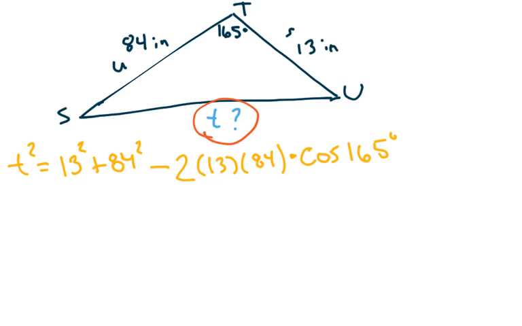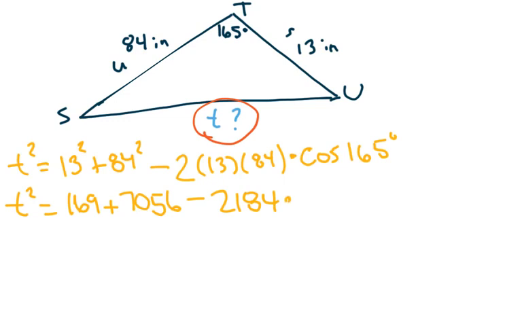From here, it's just solving and doing some calculations. So we've got t squared, 13 squared is 169, 84 squared is 7,056. When we do 2 times 13 times 84, I get 2,184.